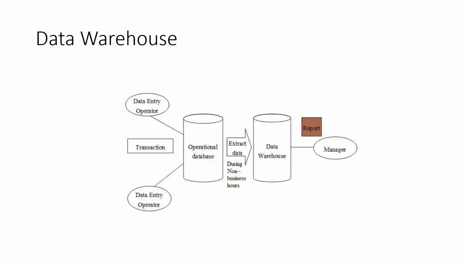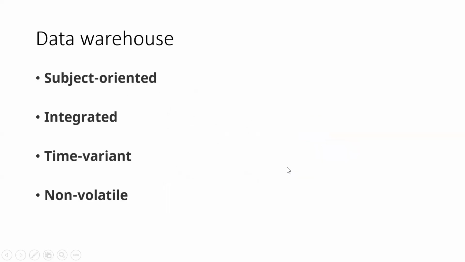Now I'll be covering something on top of the data warehouse. The data warehouse resides over here, where the meaningful data is getting stored. That is called a data warehouse. A data warehouse should be subject oriented. The data should be integrated in nature.